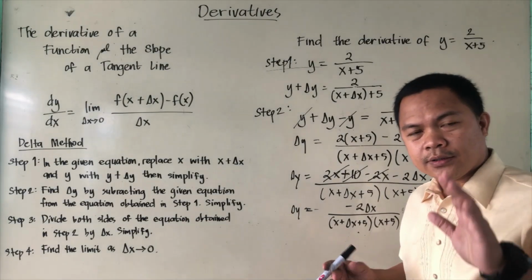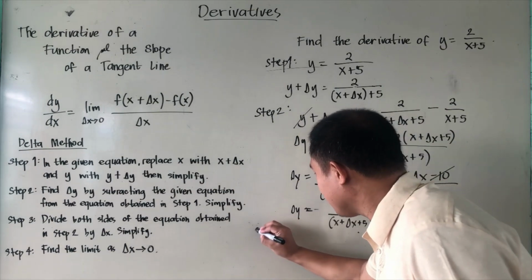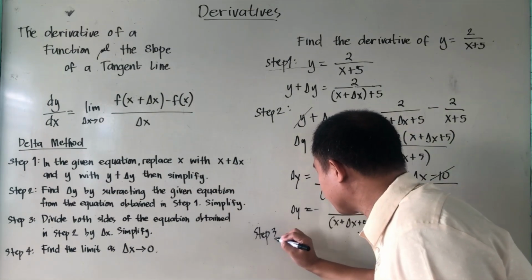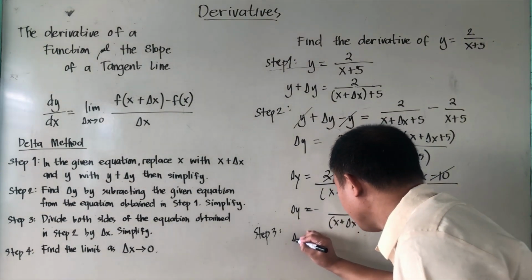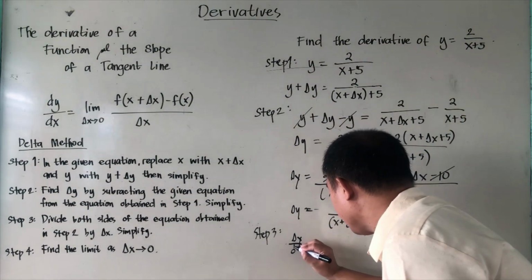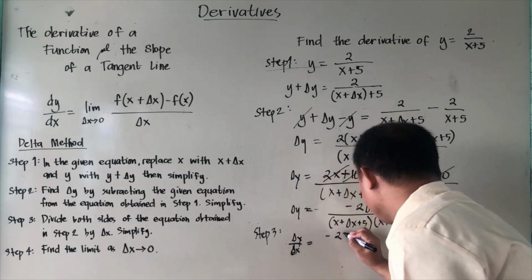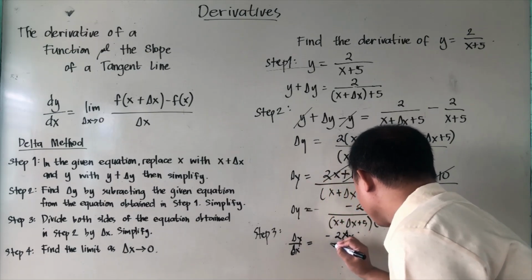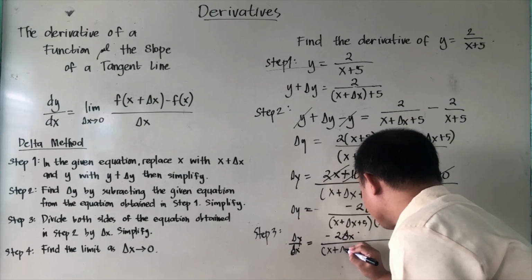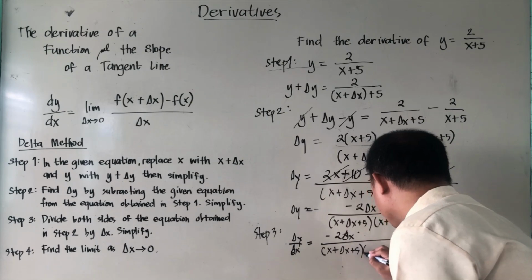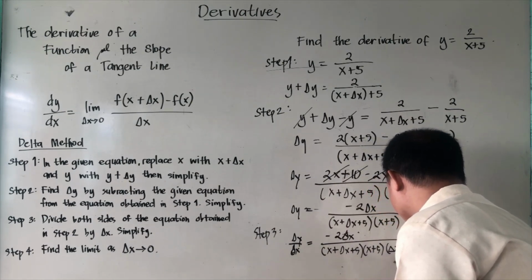We need to go to step 3, whereas step 3 is we need to divide both sides by delta x. So delta y over delta x is equal to negative 2 delta x over x plus delta x plus 5 times x plus 5 times delta x.